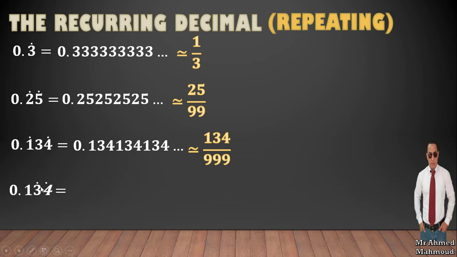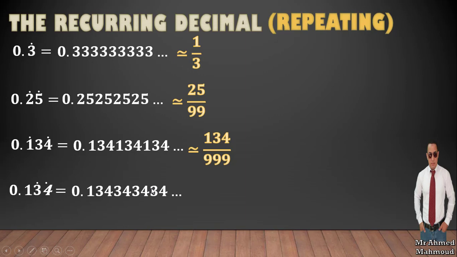Another example, 0.134, but the dots here are above 3 and 4, and not the number between them. So I'm going to write 0.1 and I'm going to repeat 34. So I'm going to repeat 3 and 4, like this, 0.1, 34, 34, 34 and so on.